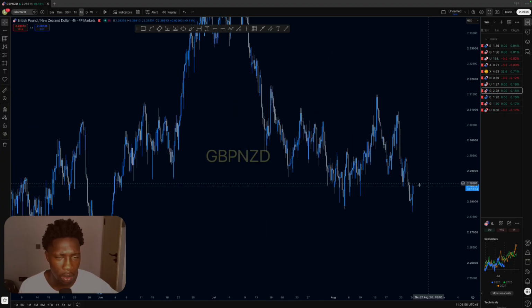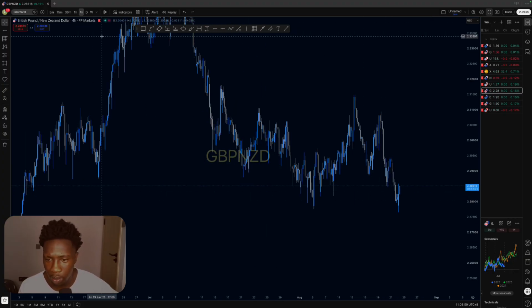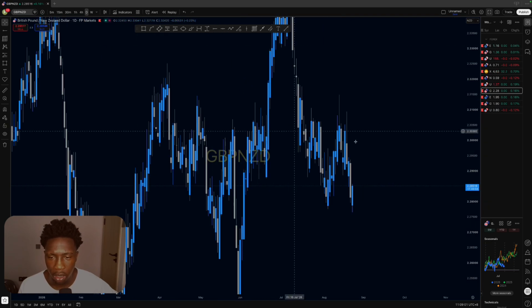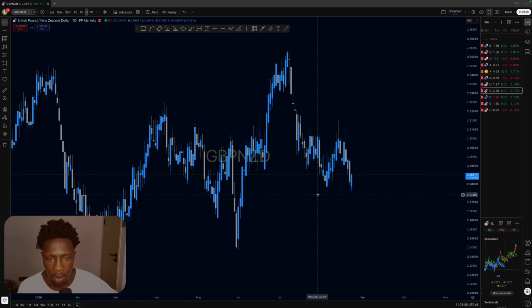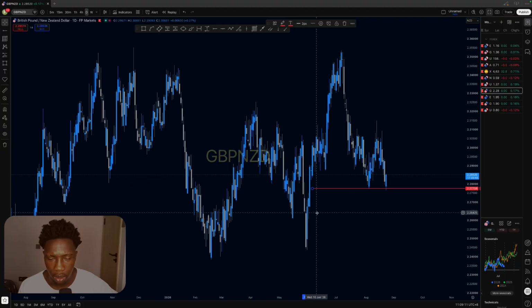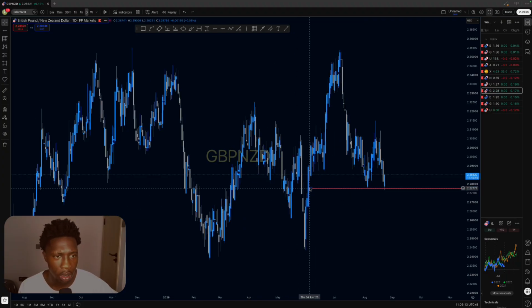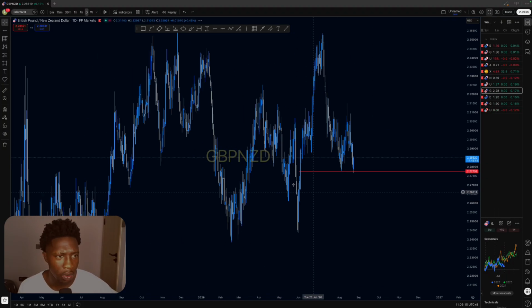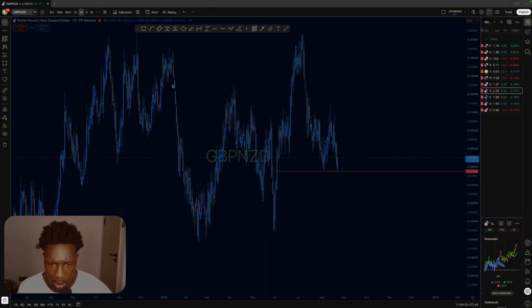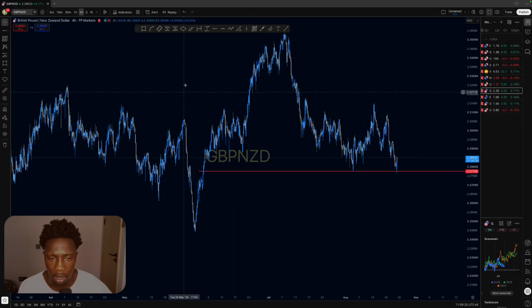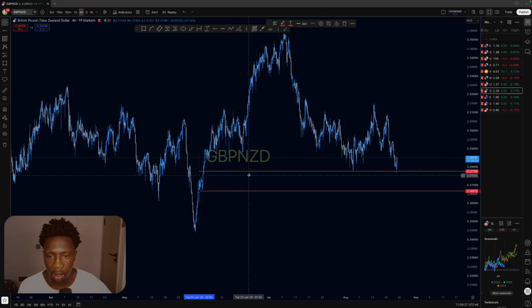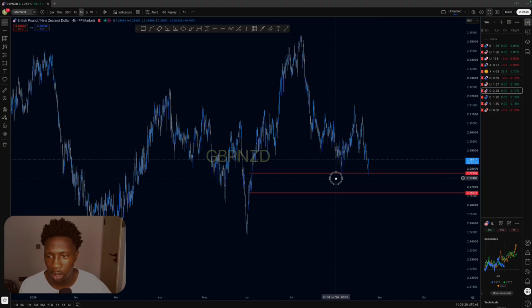Let's go to day, if we want to see some rejection, if the market is thinking of going to the upside. We want to take into account the level which is right here, because there are some false, weak order blocks, and there are some strong order blocks.